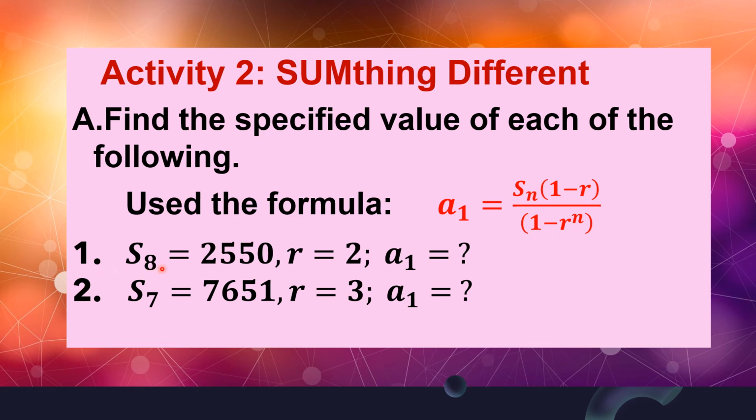S sub 8 is equal to 2,550. Our common ratio is 2. Find for a sub 1. For number 2, we have S sub 7 is equal to 7,651. The common ratio is 3. Find for a sub 1.